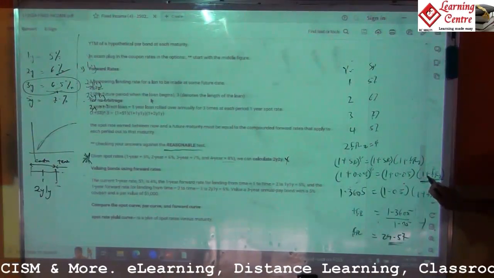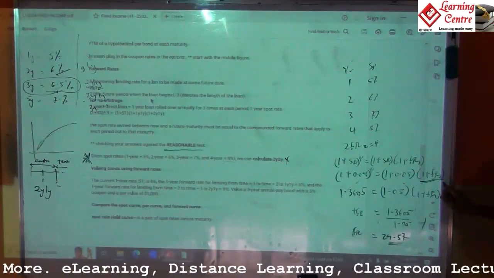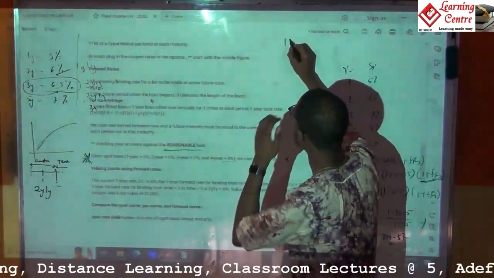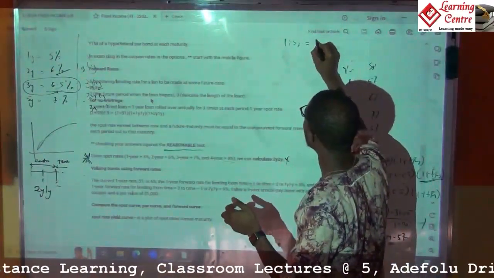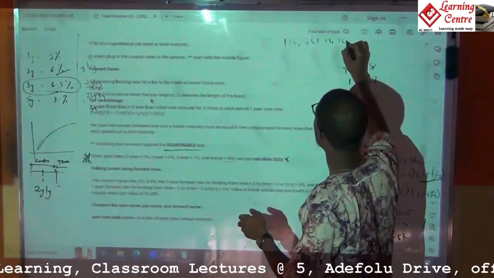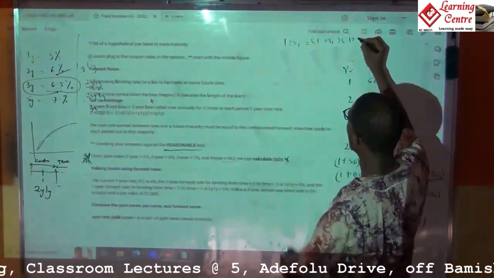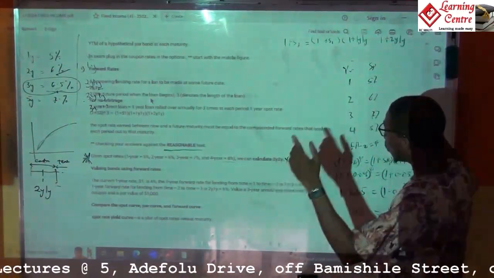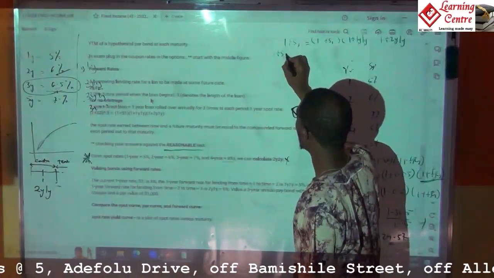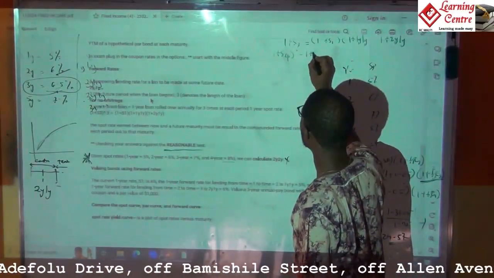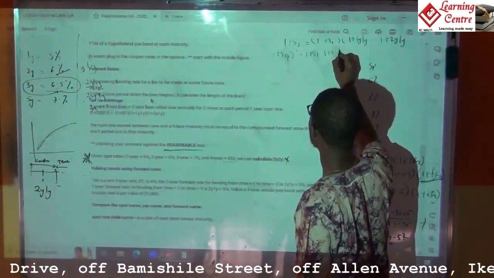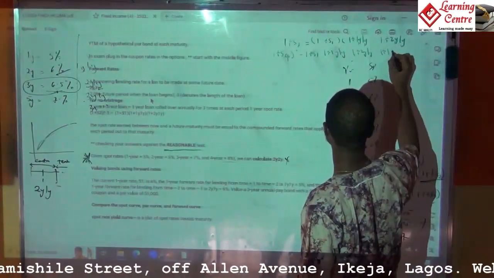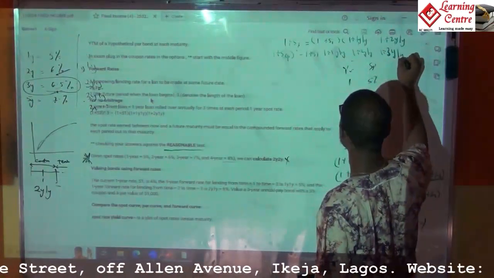What to put here is 1 plus FR3, right? This is not how it works. If I want to do S3, I start with 1 plus S1 and combine all the forward rates: 1 plus 1 year, 1 year, plus 1 plus 2 years, 1 year. If I want to do S4, I do 1 plus S1, 1 plus 1 year, 1 year, 1 plus 2 years, 1 year, plus 1 plus 3 years, 1 year.